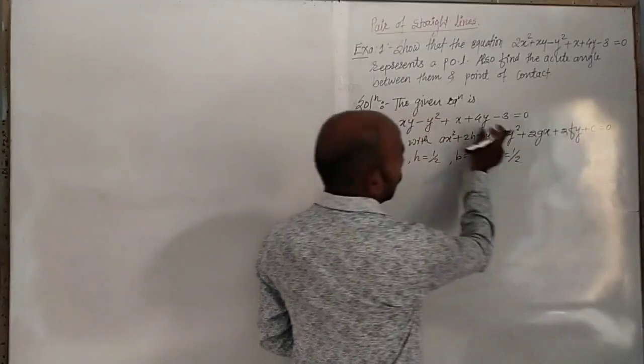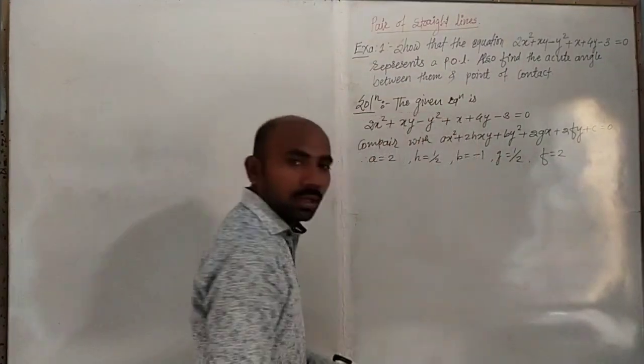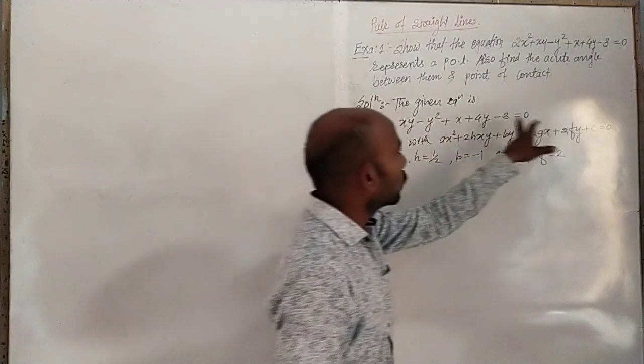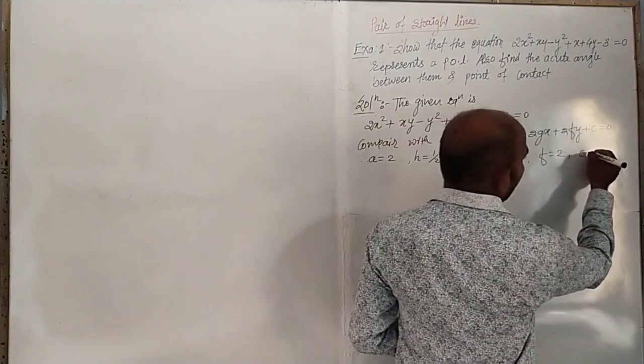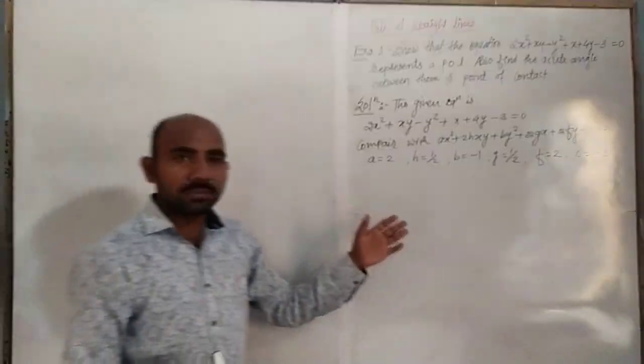Similarly 2f is equal to 4, so f becomes 2. And lastly, the constant c is minus 3, therefore c is equal to minus 3. So these are the values of the constant terms.